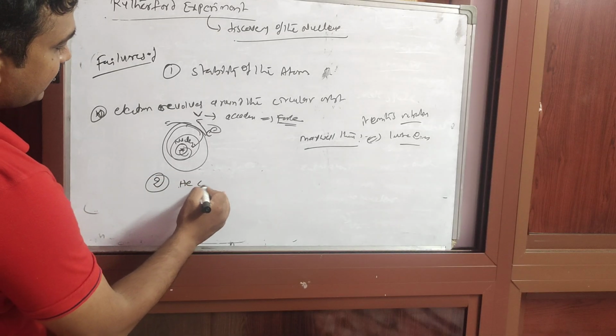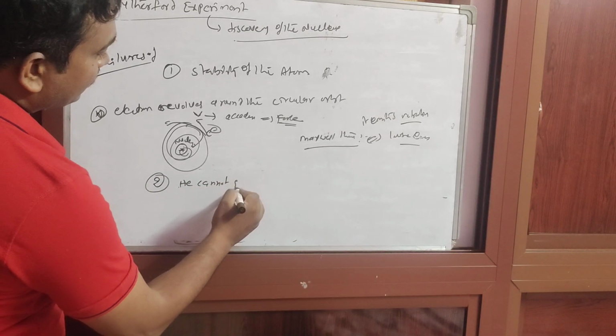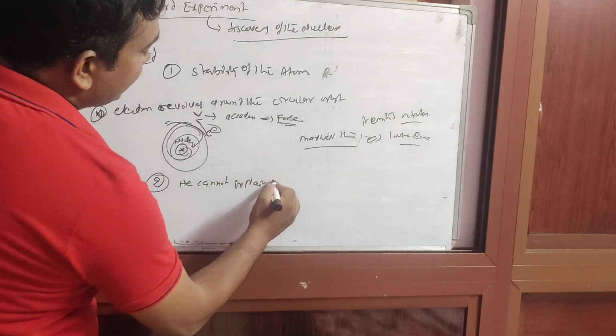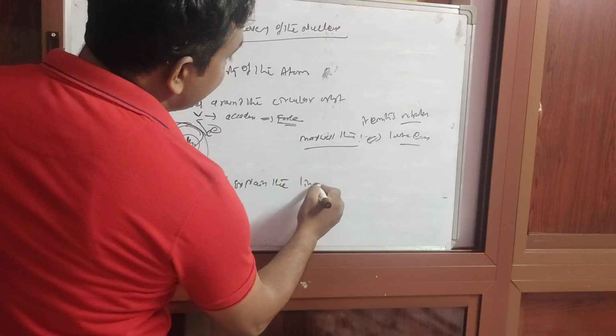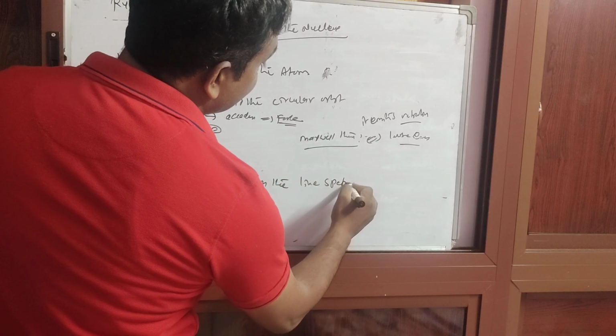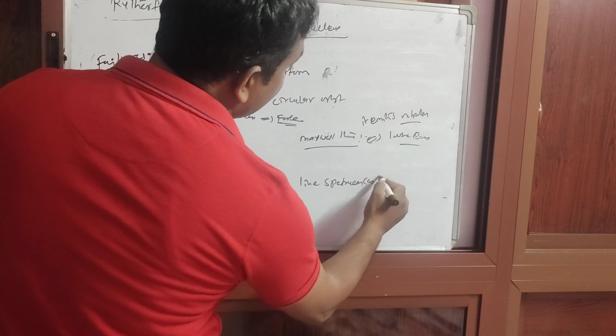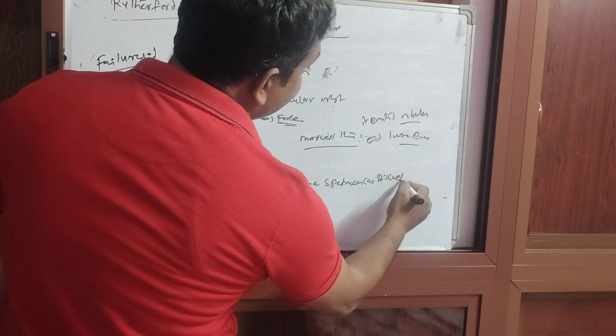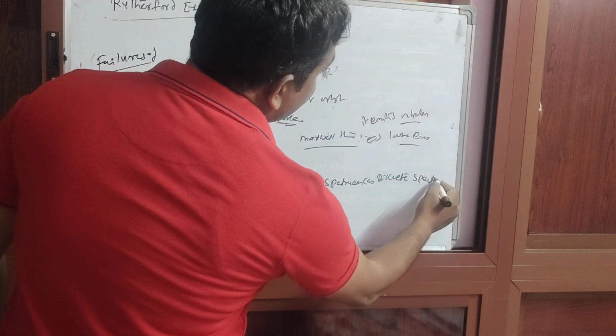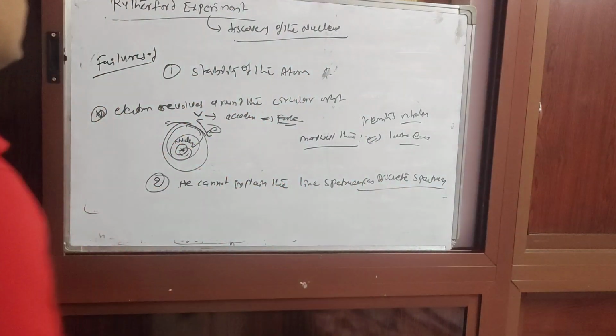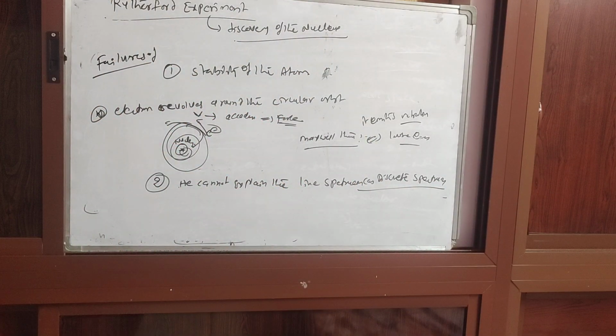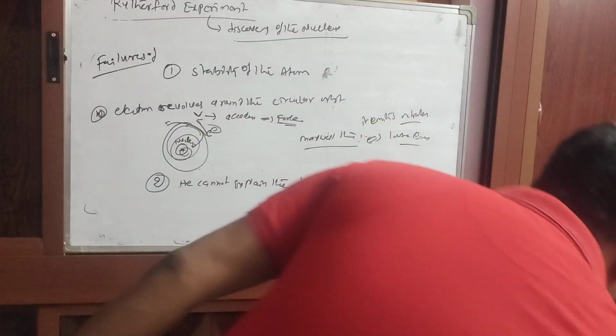The second failure: he cannot explain the line spectrum, or discrete spectrum. What is a line spectrum? I will explain.